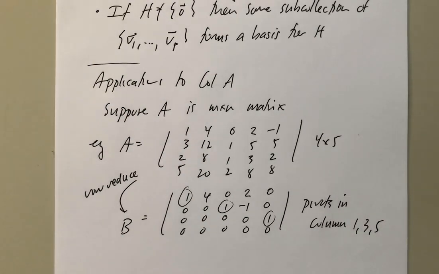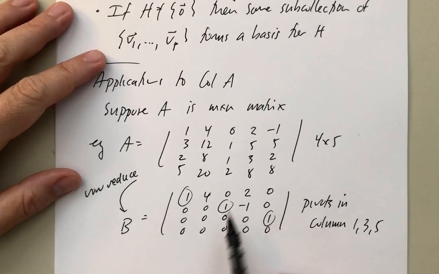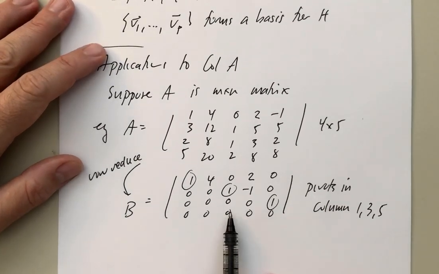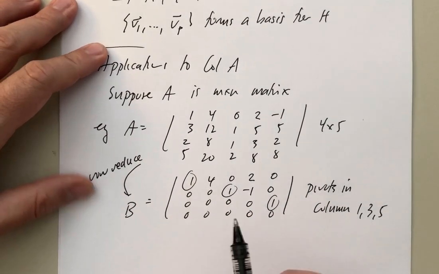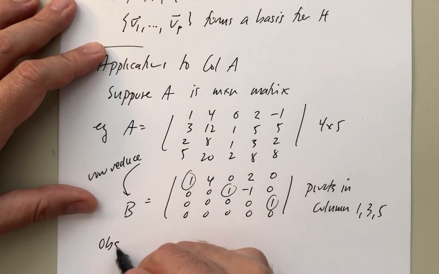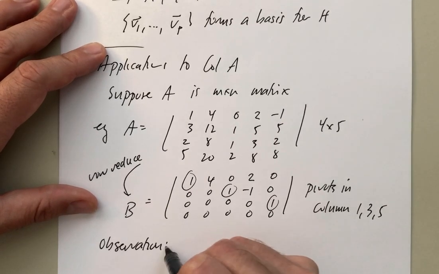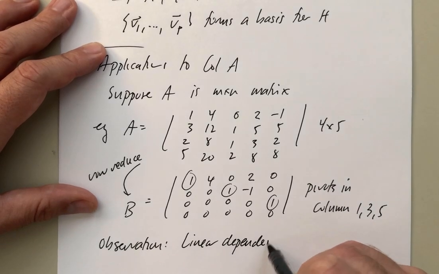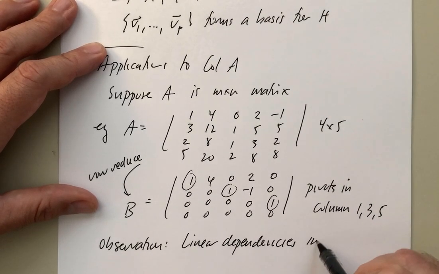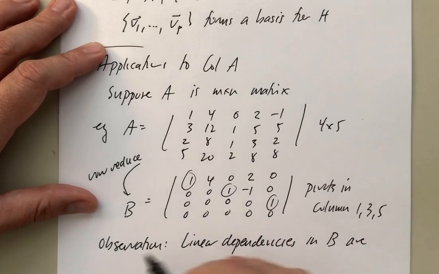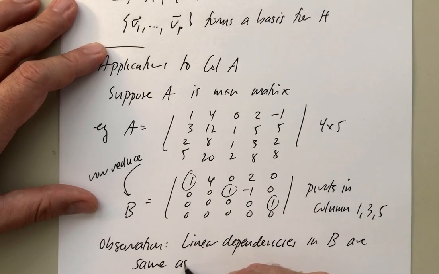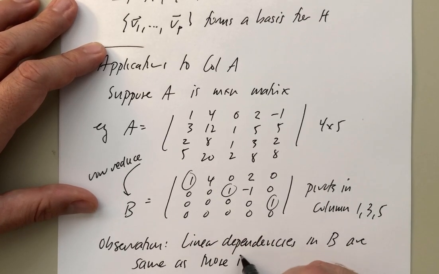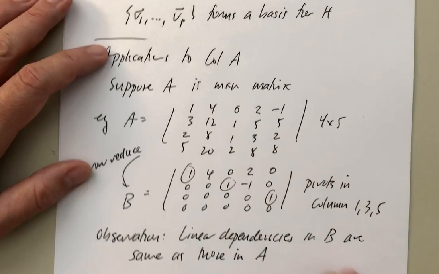Now, here's a fact that I'm not going to say too much about, but the kind of magic that happens is that this reduced echelon form, B, is much different than this matrix, A. But the observation is that linear dependencies in B are the same as those in A. Okay, so what do I mean by that?